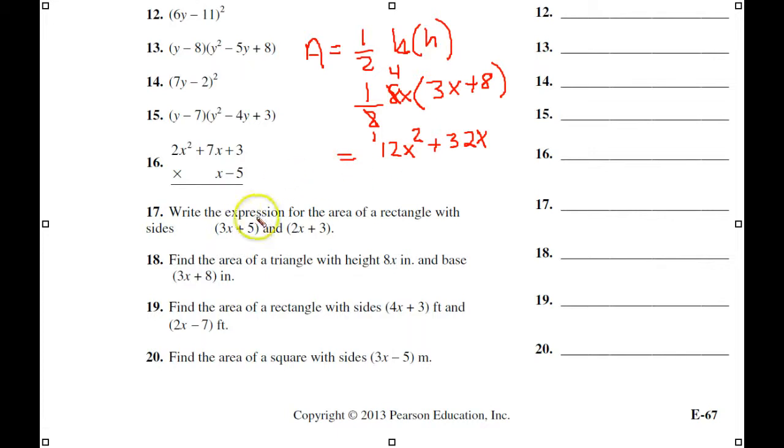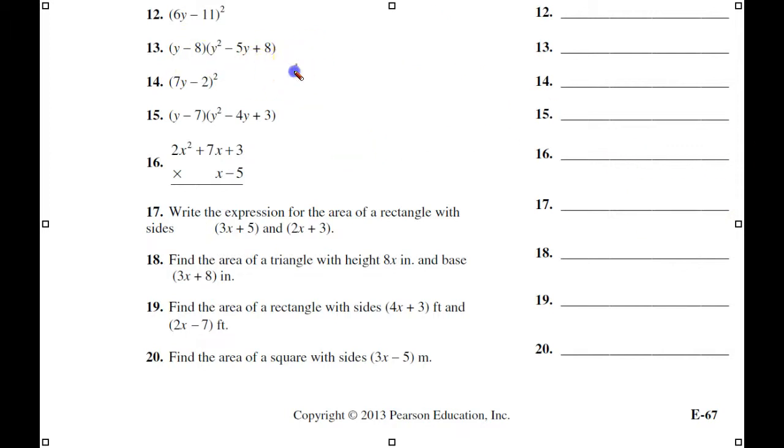All right, this next one is find the area of a rectangle with these sides. Well, we can just clear that and get our workspace. It'll be 4x plus 3 and 2x minus 7. And we'll FOIL that and get 8x squared.